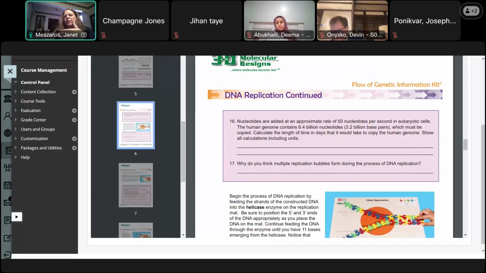That means where one nucleotide is bound to another across, like an A with a T, a C with a G. So, of course, if you have 6.4 billion nucleotides, half of that is 3.2 billion base pairs. This is counting every nucleotide. This says where they're paired, which must be copied. Calculate the length of time in days that it would take to copy the human genome. Show all calculations, including units.